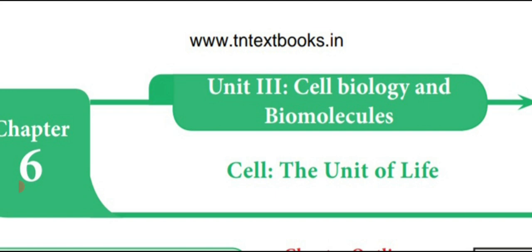That is known as plasmodesmata. So this is all the topics we have seen in the previous video class. Now we are going to see the next topic, cell membrane and the different theories of the cell membrane.